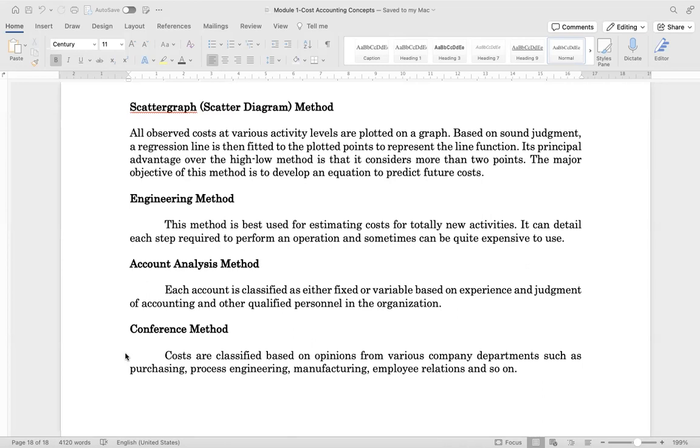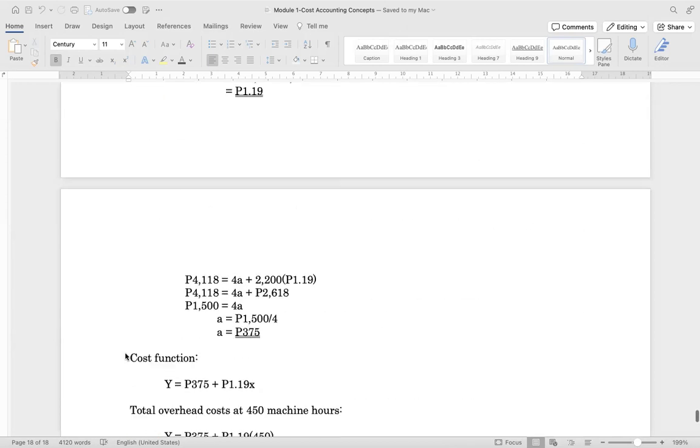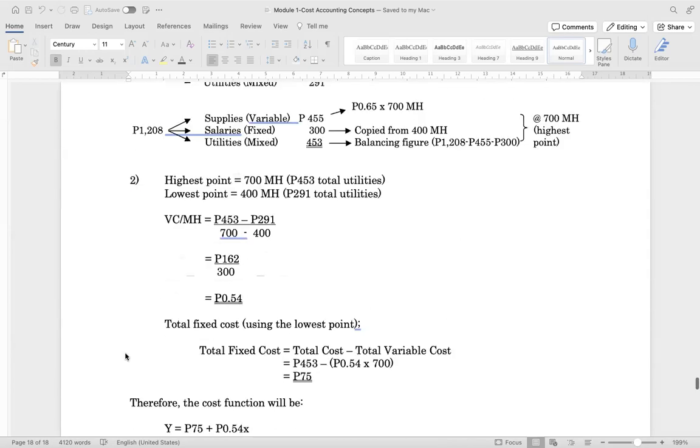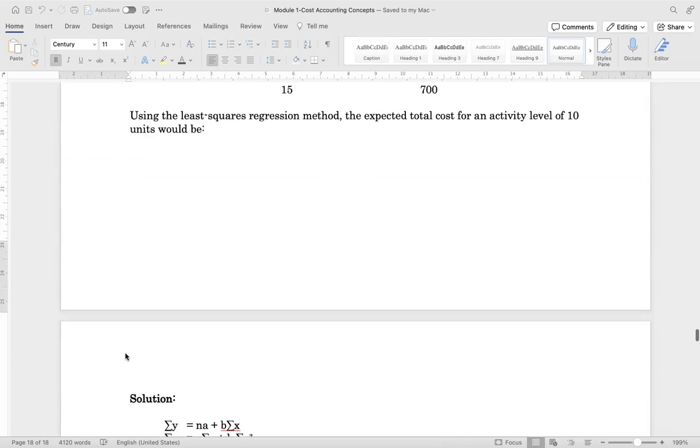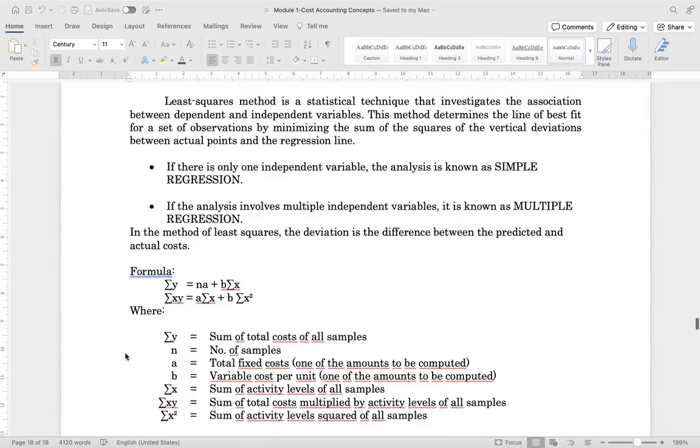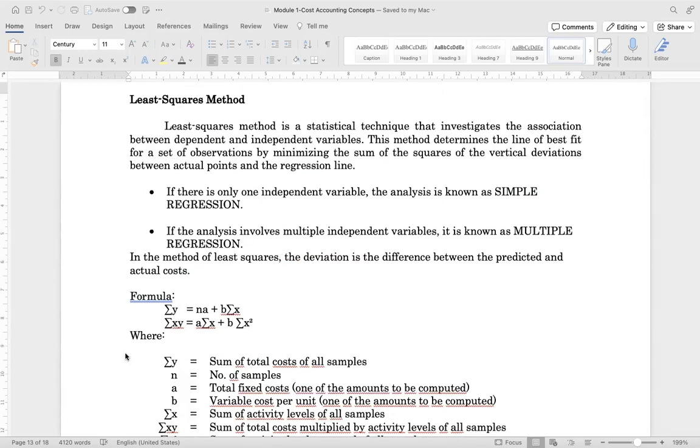Costs are classified based on opinion from various company departments such as purchasing, processing, engineering, manufacturing, employee relations, and so on. So these are the methods in segregating mixed cost into the fixed portion and variable portion.